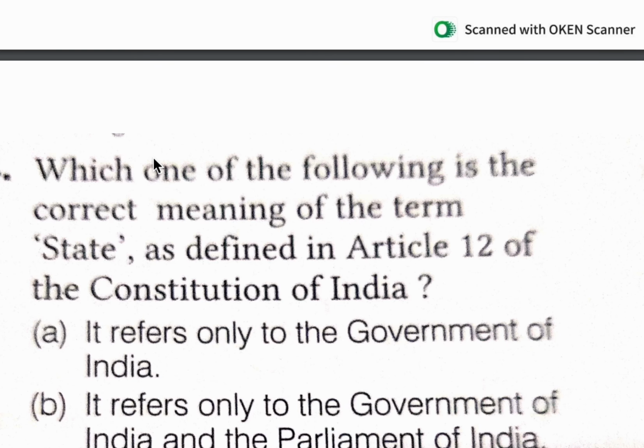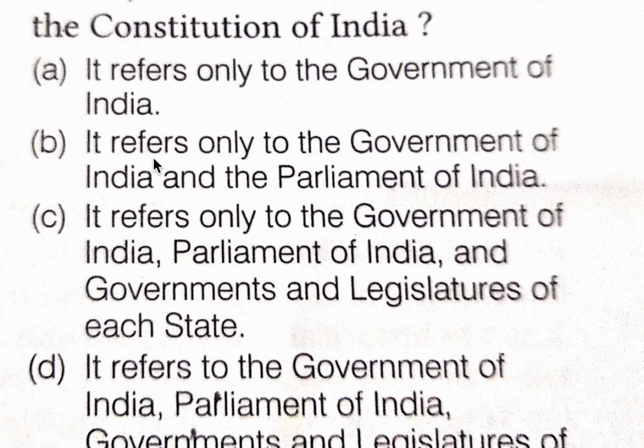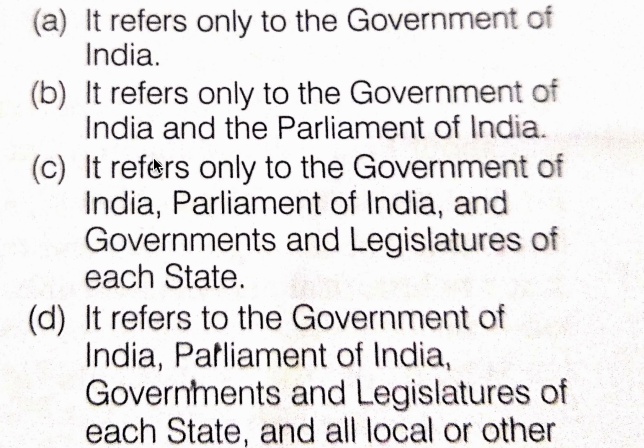Coming to the third question, which of the following is the correct meaning of the term state as defined in Article 12 of the Constitution of India? Option A, it refers only to the government of India. Option B, it refers only to the government of India and the Parliament of India. Option C, it refers only to the government of India, Parliament of India, and governments and legislatures of each state.